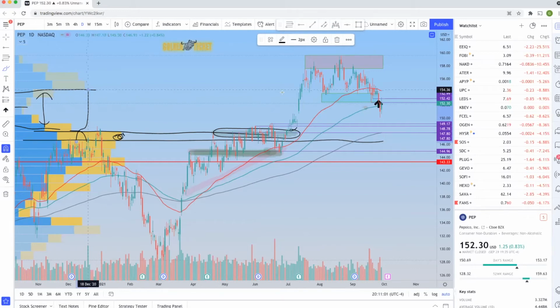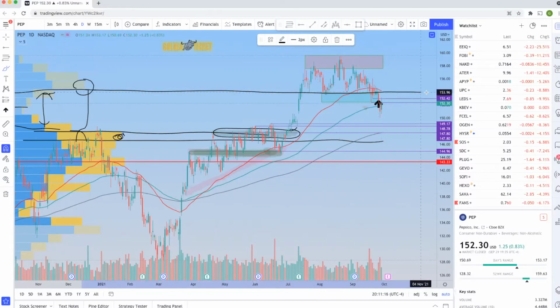And at 154, it's twice the volume than here. If you extend it, I'm cheating a little bit, but we won't tell, pretty much it matches what we did last week. So it confirms that zone right now is support.